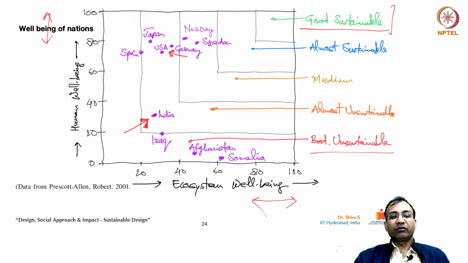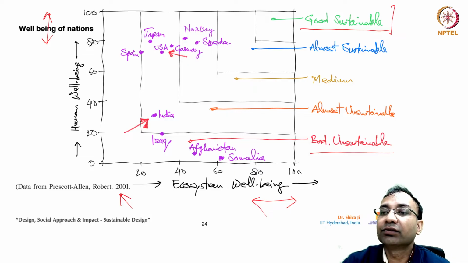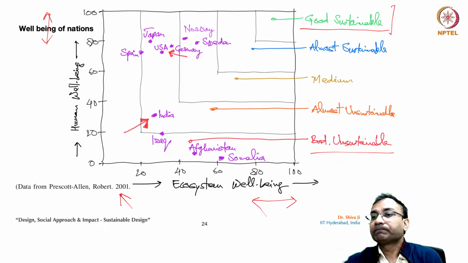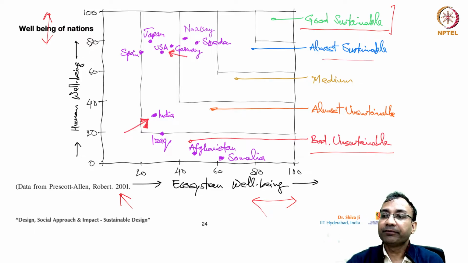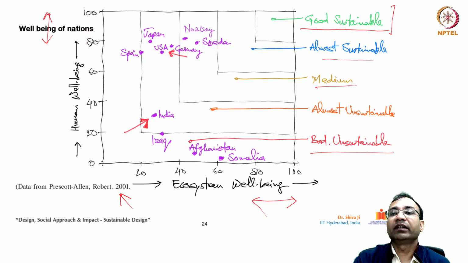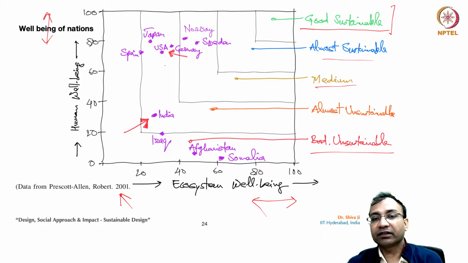Some of the countries are listed here, you can check this resource. There are no countries in the almost sustainable and good sustainable category, but we have a few beginning the medium category, Sweden and Norway. Then we have the US, Germany, Japan, India, and at the last, the bad unsustainable one, we have Iraq, Afghanistan, Somalia, and borderline Spain.